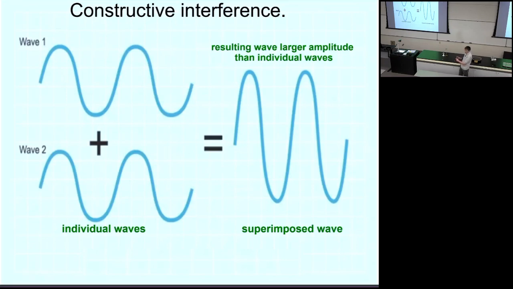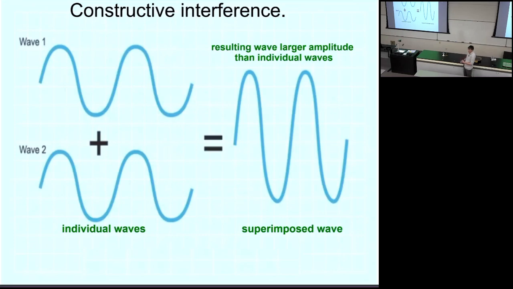So this is an example of a collision of two waves where there is what we call constructive interference. In constructive interference, the key thing is that the crest of wave number one, so here's the crest, combines with the crest of wave number two to make a bigger crest.